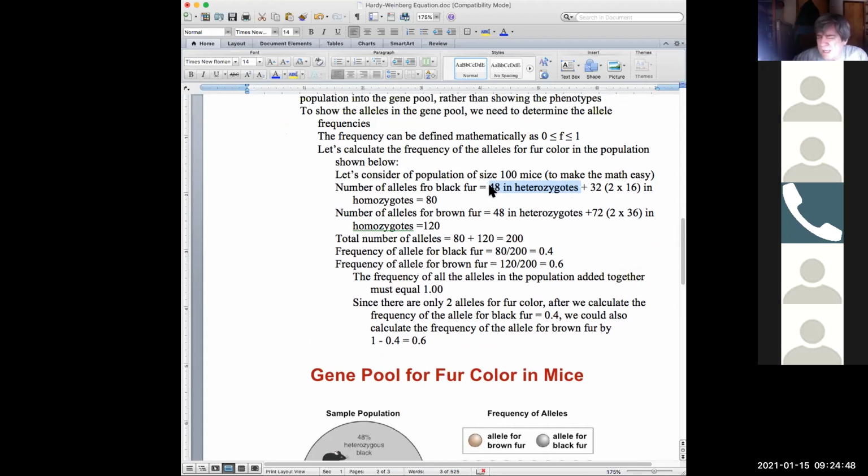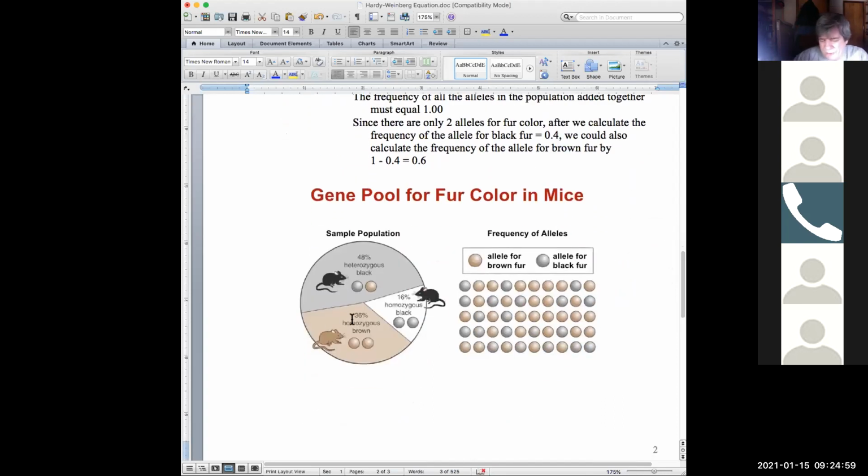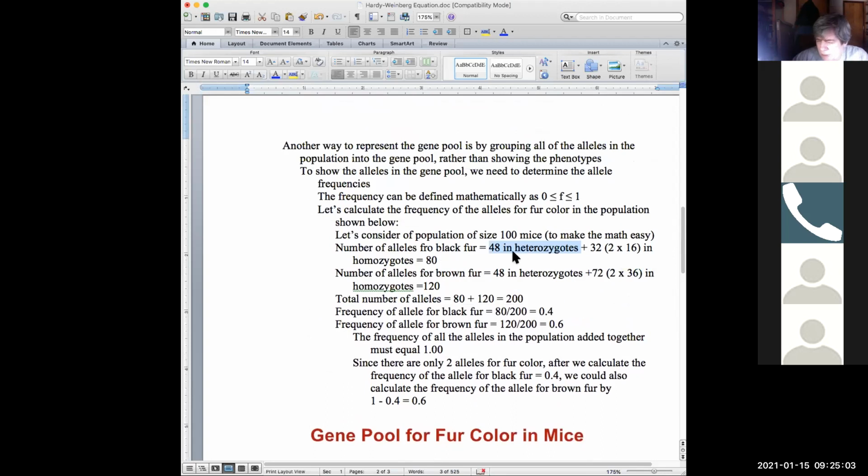So we have 48 alleles for black fur in the heterozygous mice. We have 32 alleles for black fur in the homozygous black mice. Notice there are no alleles for black fur in the homozygous brown mice. So we can add 48 plus 32. This means there are 80 alleles for black fur in our population.